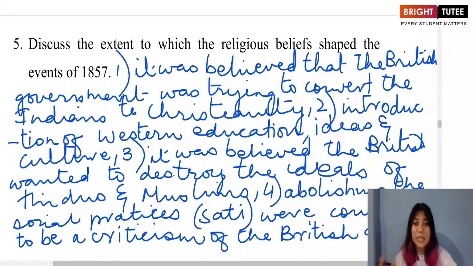So that caused the Indians to develop a religious belief which shaped the events of 1857. All right.